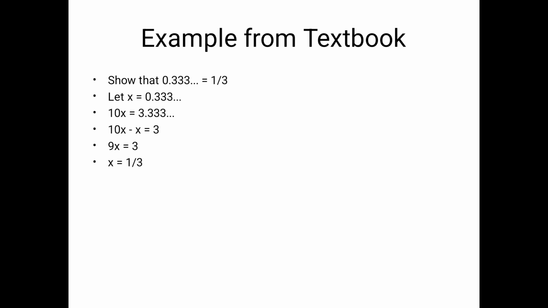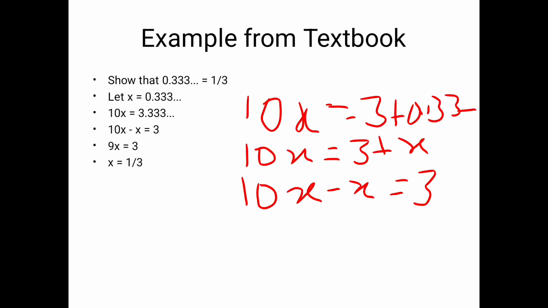That's why I have to multiply x. If I take the number as x, I have to multiply that by 10, so that I'll get 3.33. Next step, after taking 10x is equal to 3.333, I have to write them in this form.